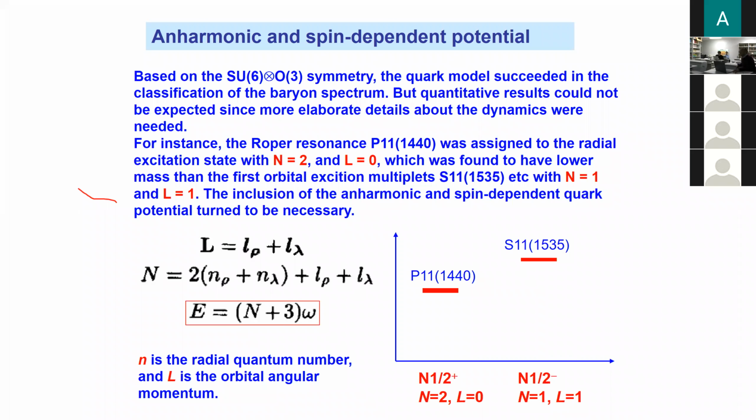So in that case, you pay a price for the orbital excitation, which maybe compared to the easiness of just radially excited states is different. But this is very phenomenological, I guess.